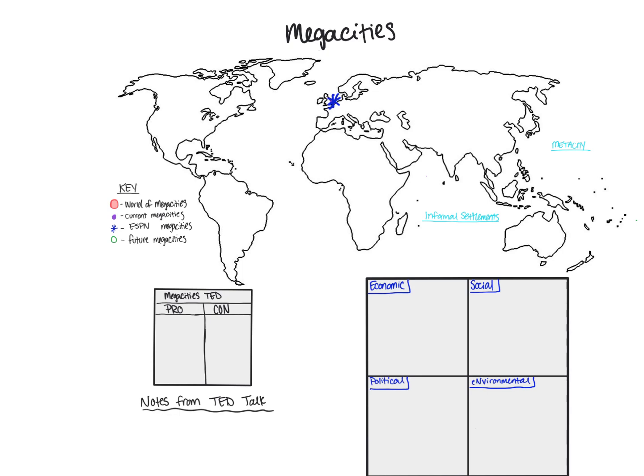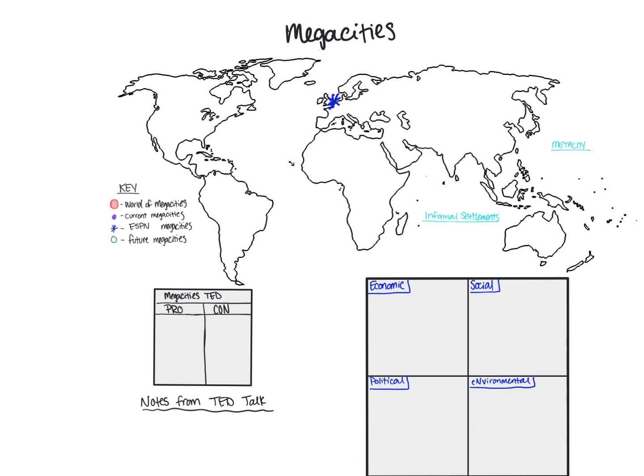Those are your future megacities, and those are the ones that you will add now to a new color. So I used green for mine. And you'll add those future megacities to your map wherever they are. So you'll look at that map that's on that article. Okay, so that is slide number 4.